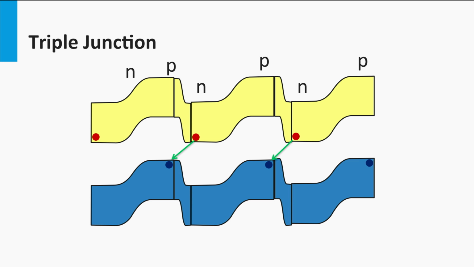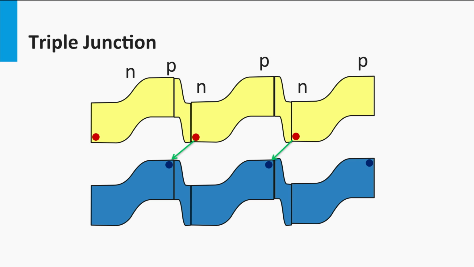Important is that the resistance of the tunnel junction is low, resulting in a low voltage loss over the tunnel junction. Looking at a triple junction, it means that the holes in the P layer of the top cell have to recombine with the electrons of the N layer of the middle cell. The holes in the P layer of the middle cell have to recombine with the electrons of the N layer of the bottom cell.